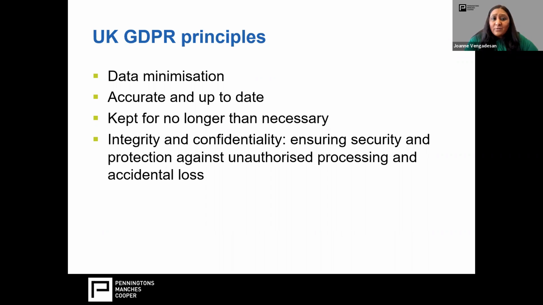I think integrity and confidentiality is something that does need to be addressed in contracts in terms of the parties' obligations, ensuring that appropriate obligations are placed on both parties to ensure the confidentiality of the data and the purposes for which it is going to be used, because this has got to be in line with purposes that are communicated to the data subject.